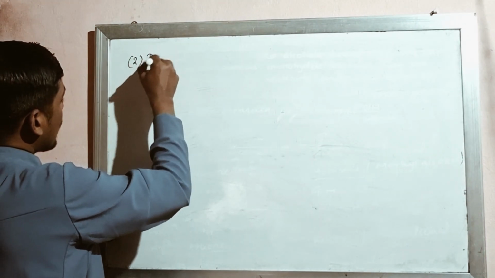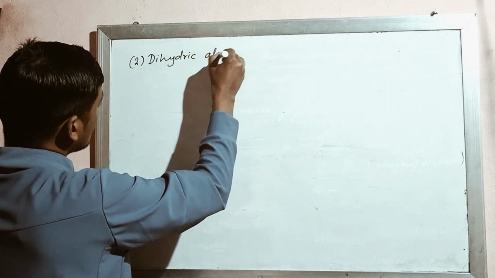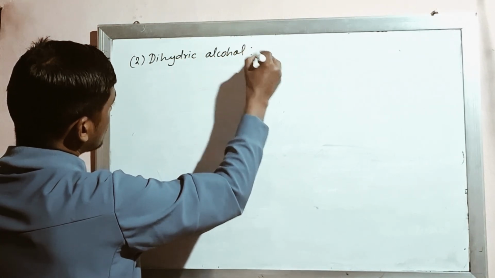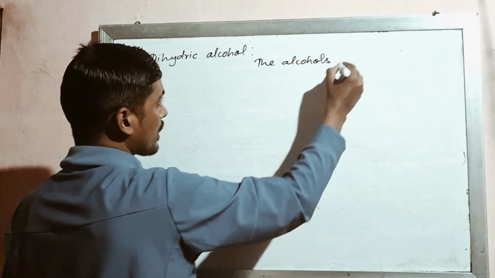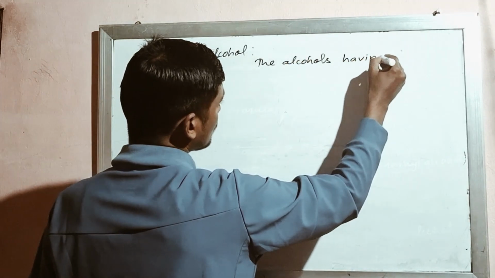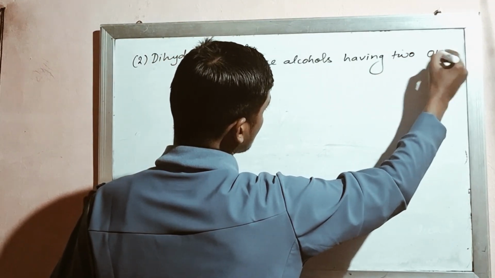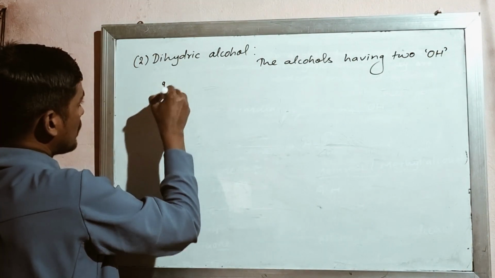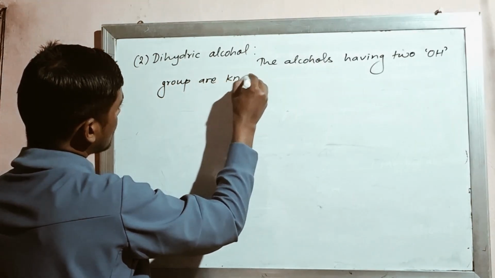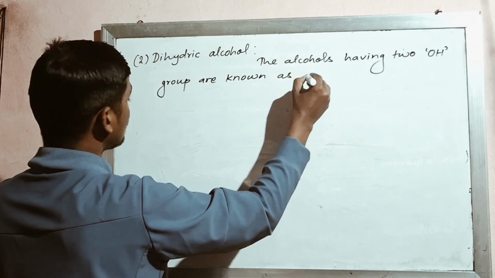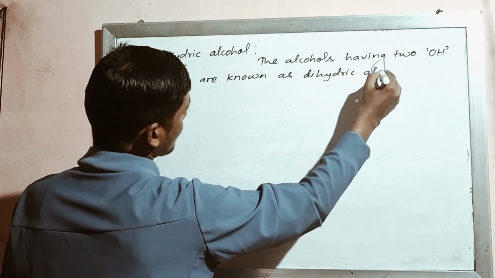So, dihydric alcohol means the alcohols having two OH groups are known as dihydric alcohols.